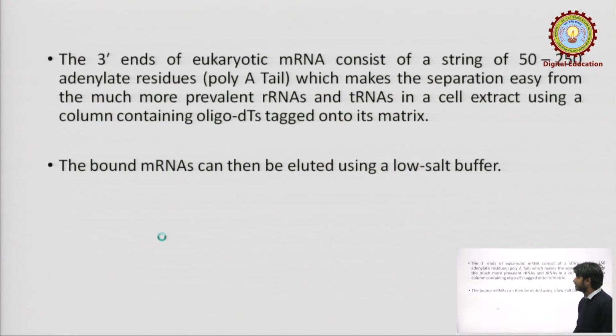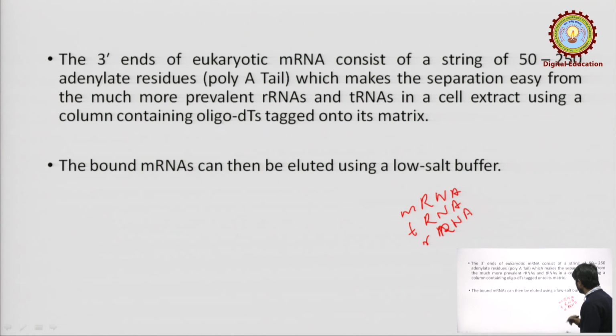The ends of eukaryotic messenger RNA consist of a string of 50 to 250 adenylate residues, also called the poly A tail, which makes the separation easy from the much more prevalent rRNA and tRNA in the cell extract. As we know, when we isolate, it will contain different kinds of RNAs like messenger RNA, tRNA, and rRNA.